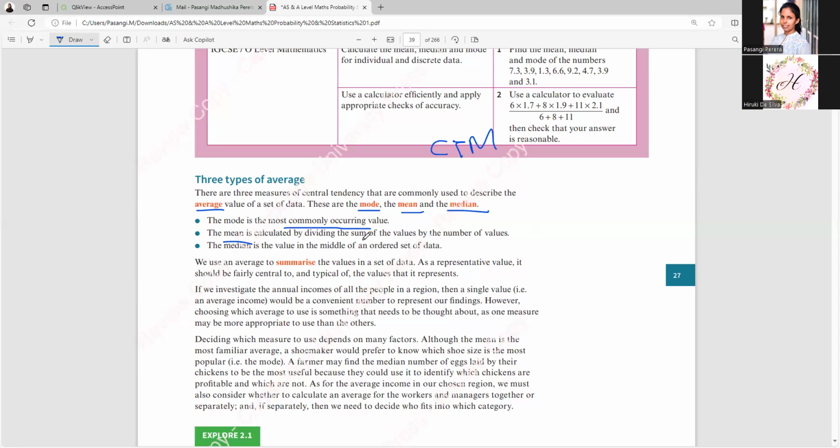It's also an average, but average is actually the word we normally use for all these ones: mode, mean, and median, for all these three values, we use average. Mean means we have to add the raw numbers and divide by that count.